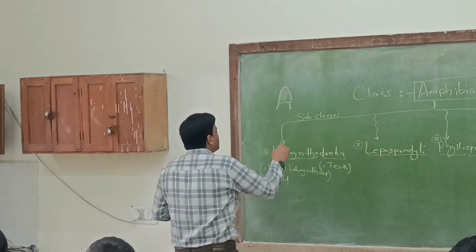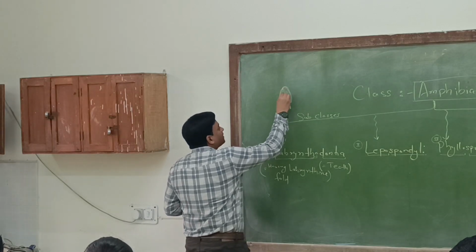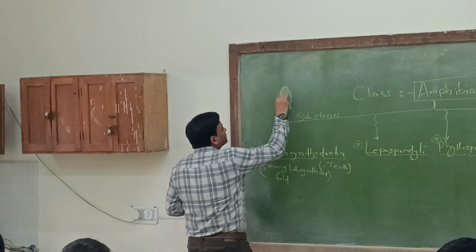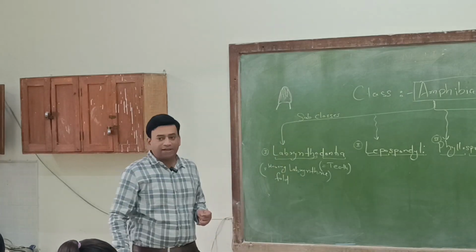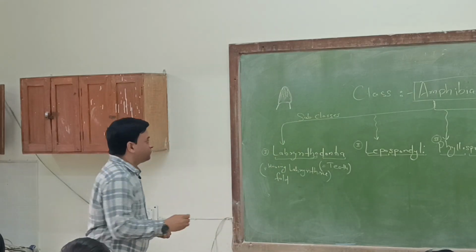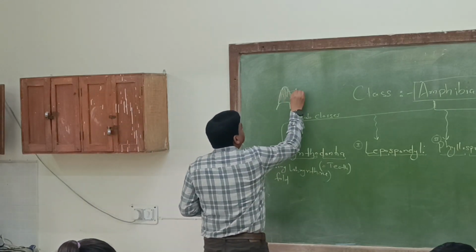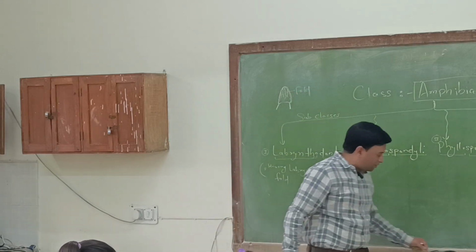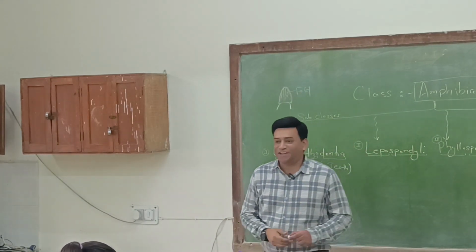So what actually happens is that the enamel goes deep inside the dentine and makes a fold. These are folds, and these folds are called labyrinthine folds.